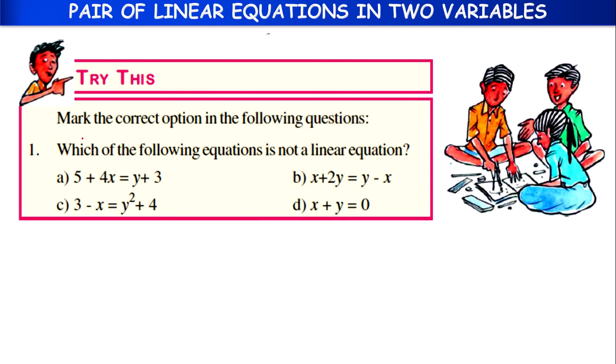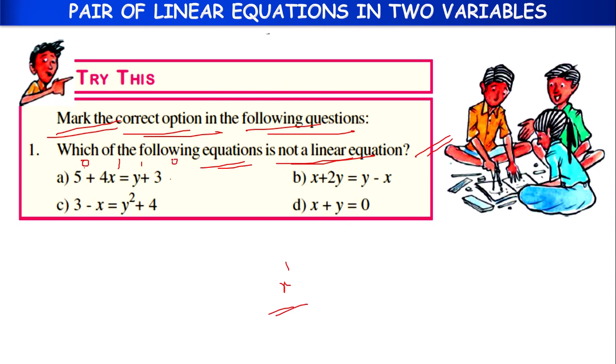Let's try these questions, children. Mark the correct option in the following questions. Which of the following equations is not a linear equation? Linear equation means it should have highest power 1. Here the highest power is 1 and two variables are there, so it's a linear equation in two variables.